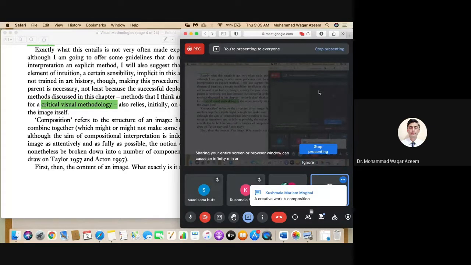Okay, Kshmala says a creative work is composition. Okay, very good. So generally speaking, we say we compose a poem. Do you get the point? We compose a poem, right?